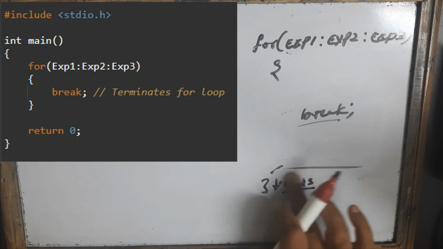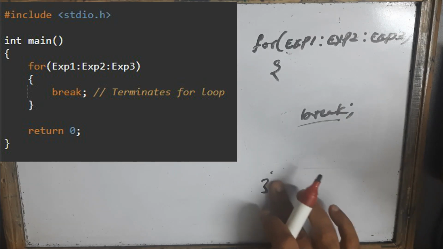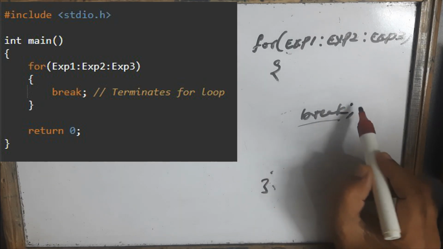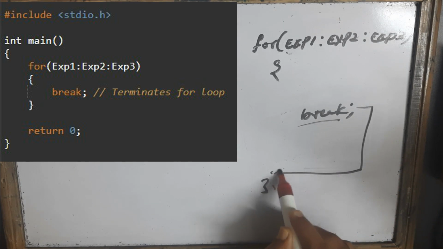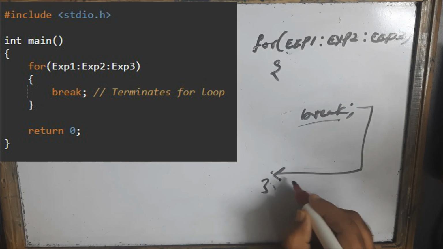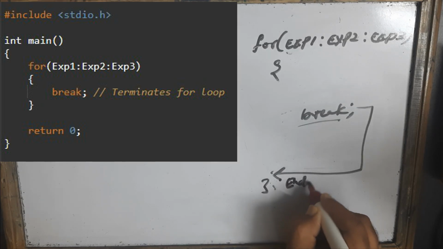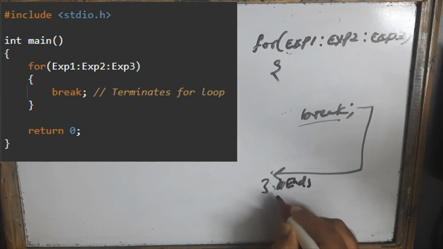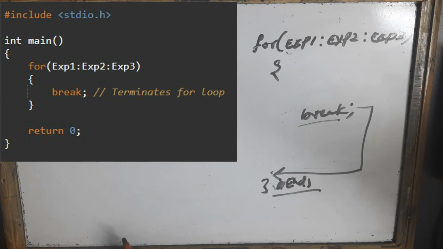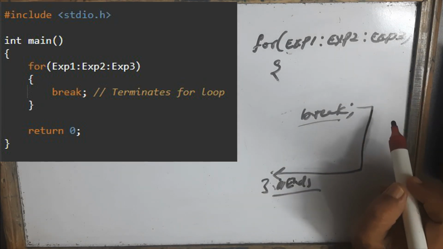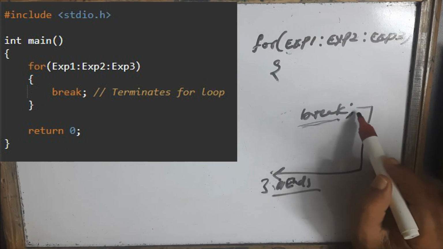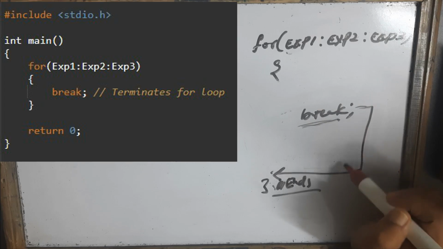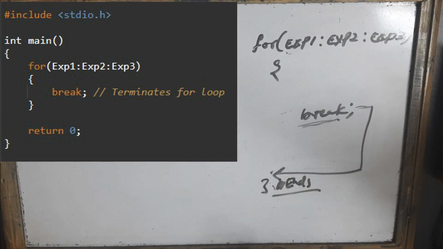In this case, whenever it comes across break, it directly goes out of the for loop. It ends. Irrespective of what you are doing inside the for, it takes the controller out of the for loop and it ends.